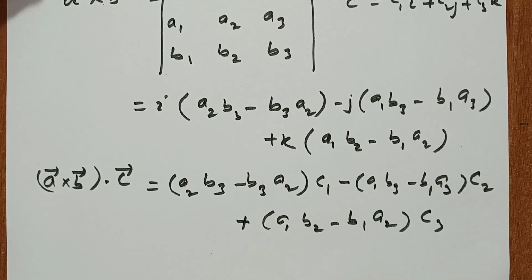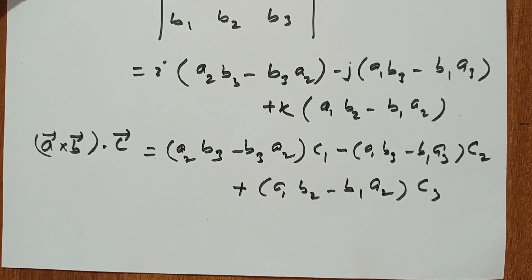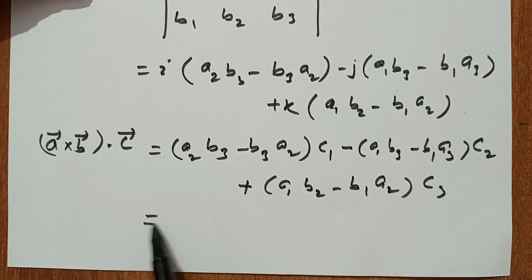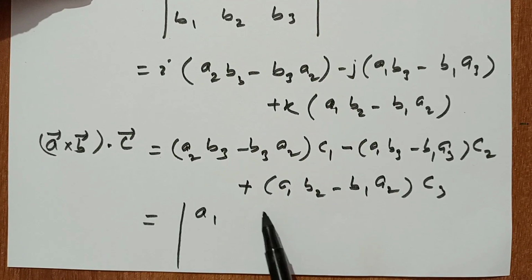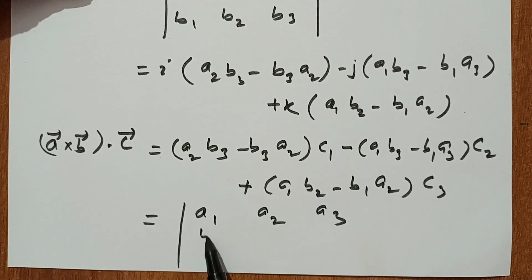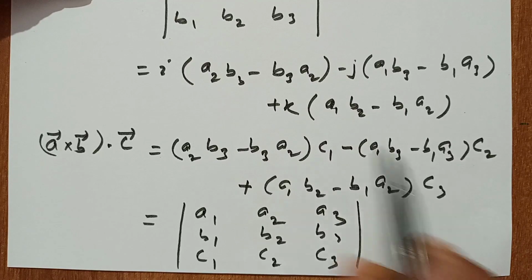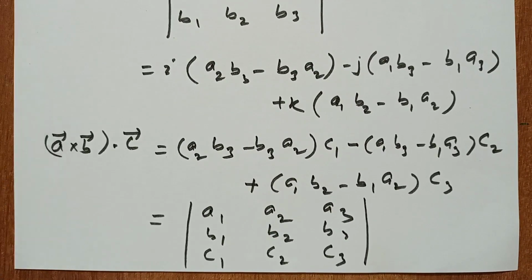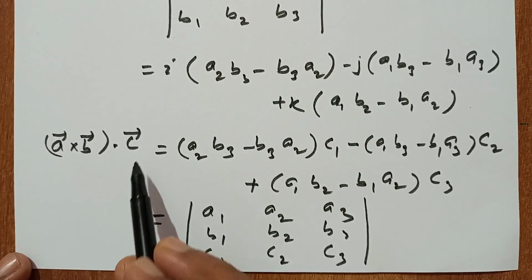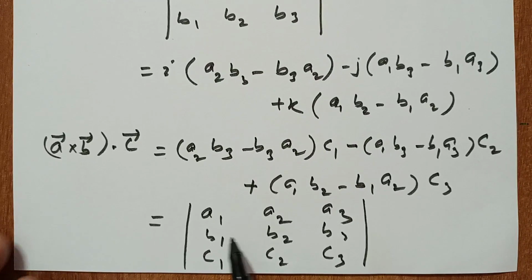So this is A cross B dot C. Also, this can be written in the form of a determinant: A1, A2, A3; B1, B2, B3; and C1, C2, C3. So this is the same thing. The scalar triple product of three vectors is defined as A cross B dot C, and the value of this is the determinant A1, A2, A3, B1, B2, B3 and C1, C2, C3.